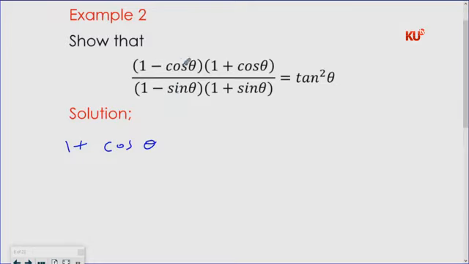Let's move to negative cos theta. You multiply by this, so negative cos theta, you multiply by 1, you'll get minus cos theta.